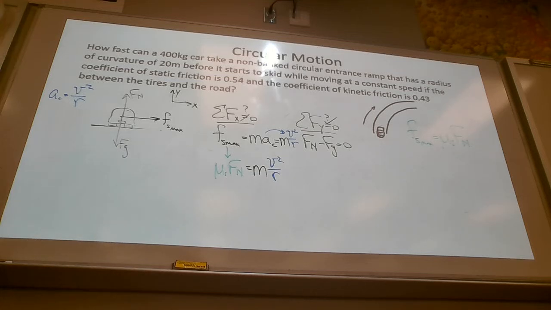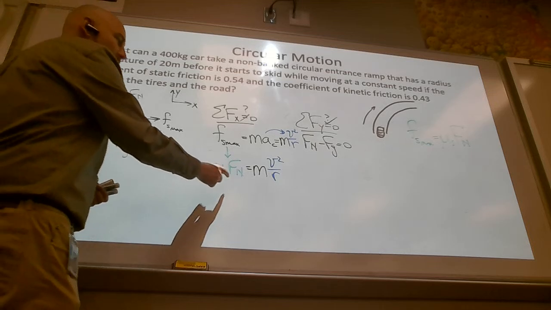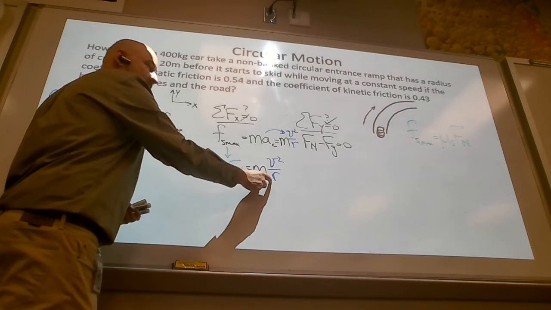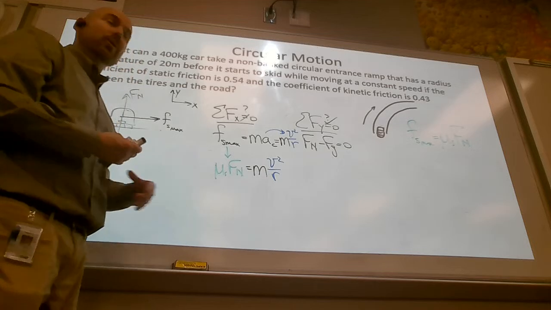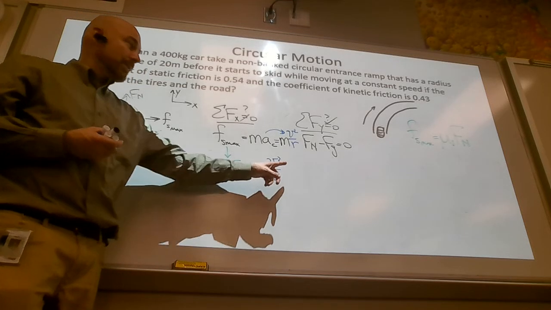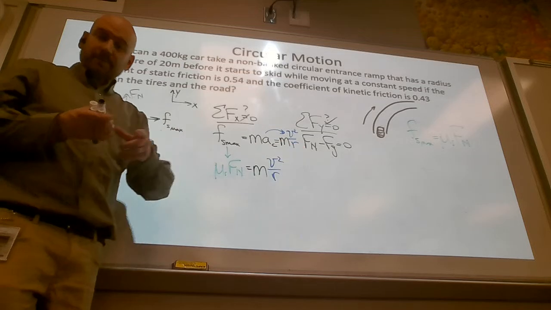Okay. Normal force. Where do I find normal force? Because I've got the mass. I'm looking for the speed. I've got the radius. I've got the coefficient. I need normal force. Where do I find normal force? Over here, right?